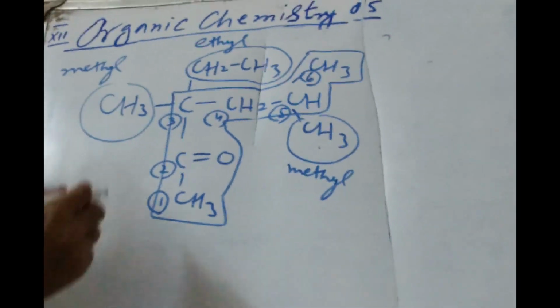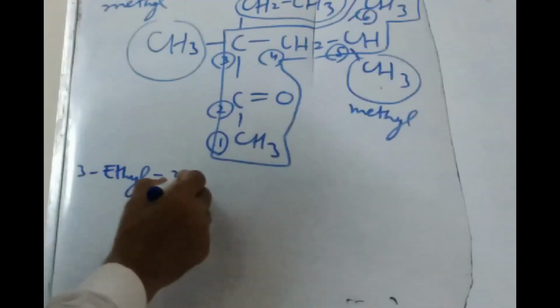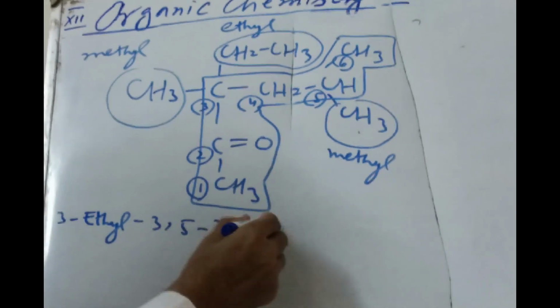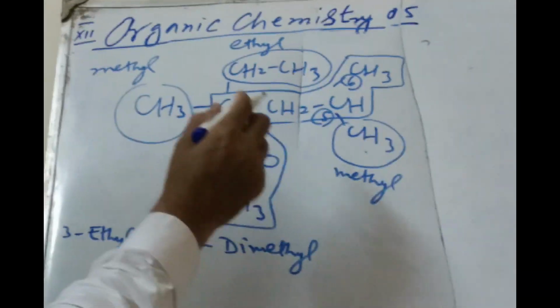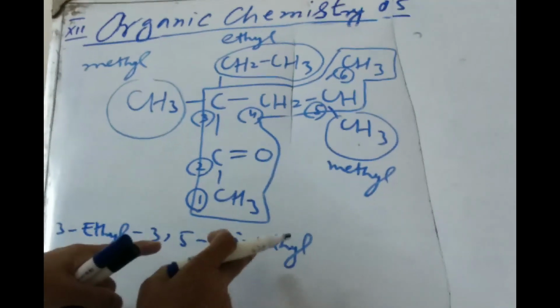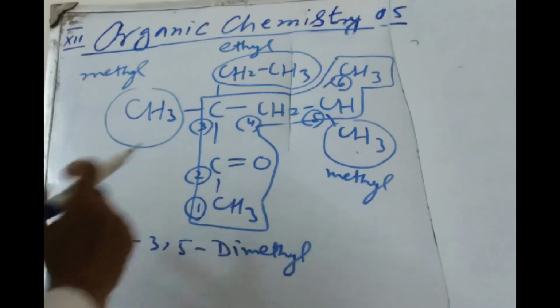Now according to the rules, ethyl comes first, it is attached at the third position, so we say 3 ethyl. Now methyl on the 3 position and 5, 3 5, this is the dimethyl. Since we have already written the names of the alkyl radicals, now the functional group comes on the second position.